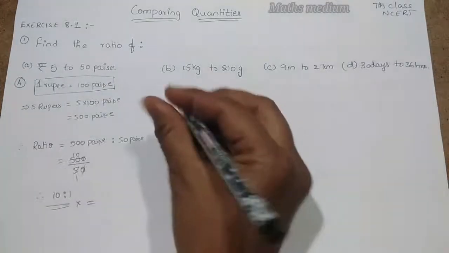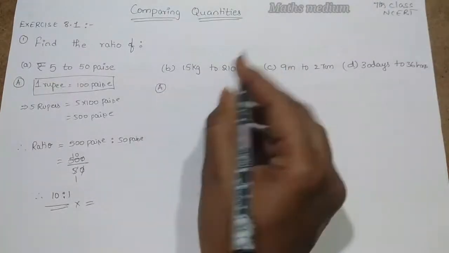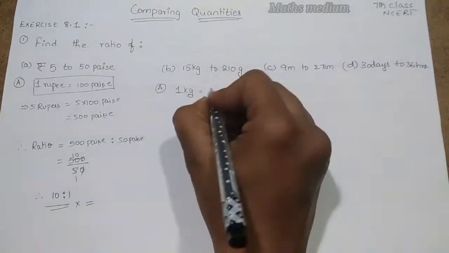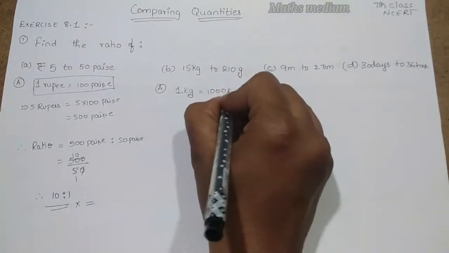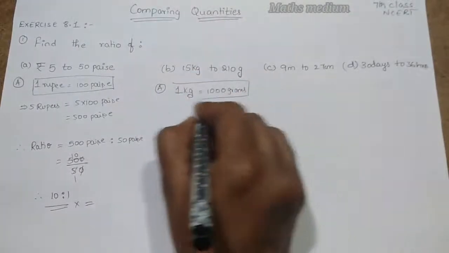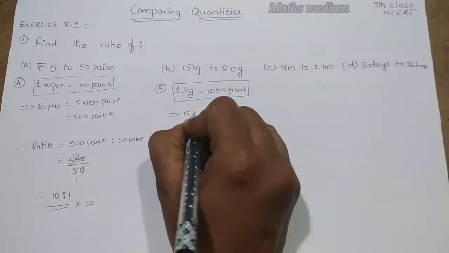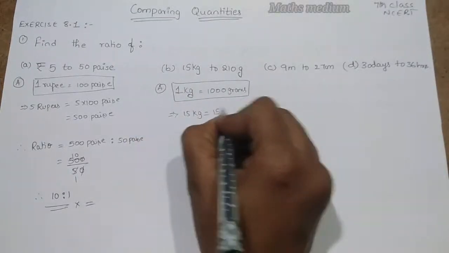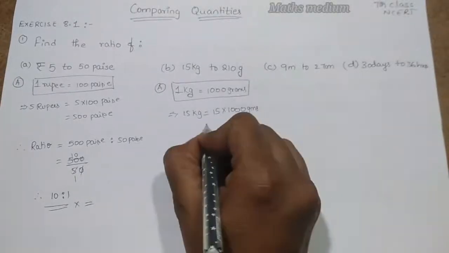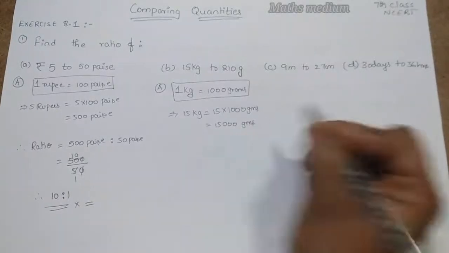Now question B, 15 kgs to 210 grams. We know that 1 kilogram is equal to 1000 grams. So by using this, we can convert this. 15 kg is equal to 15 into 1000 grams, so 15,000 grams.